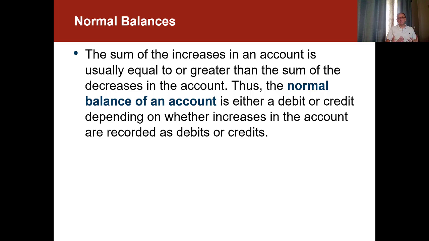And the normal balance is usually on the side where they have the increase side or the plus side. So the sum of the increases in an account is usually equal to or greater than the sum of the decreases in an account. In other words, the normal balance of an account is either a debit or a credit, depending on whether increases in the account are recorded as debits or credits.